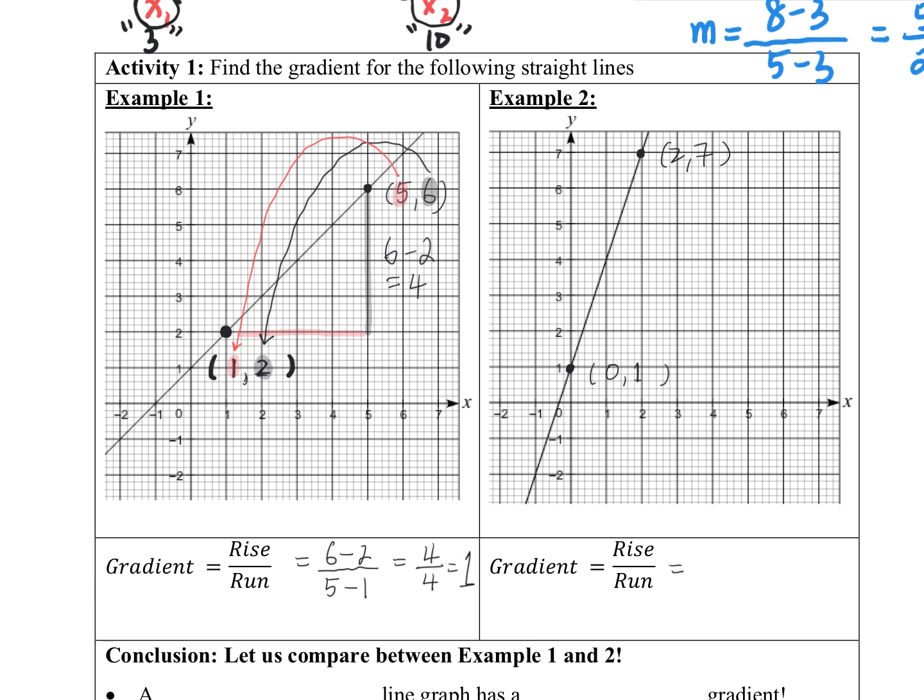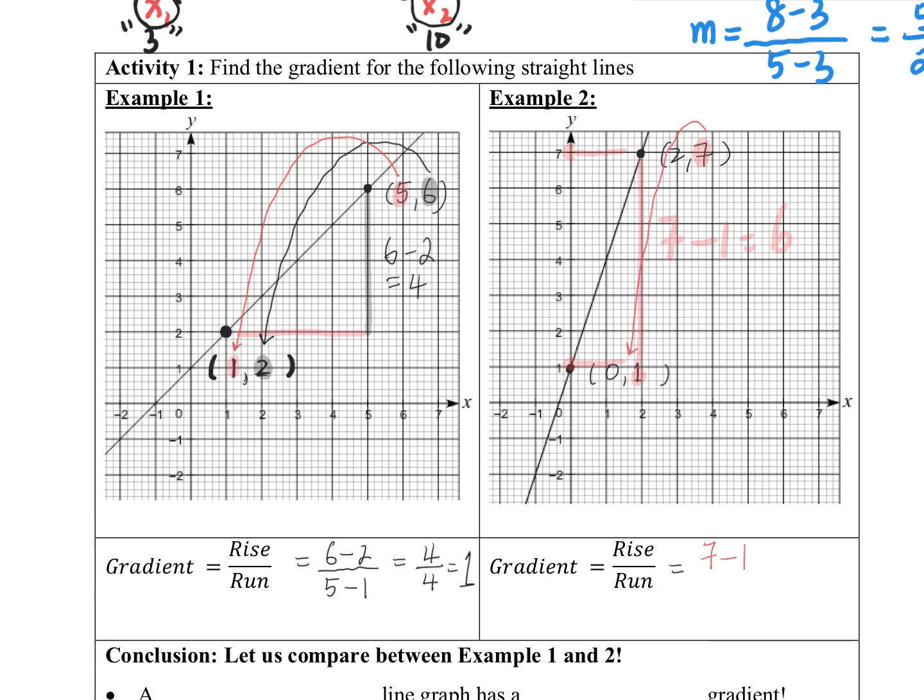What is the rise of this triangle? 2? No. 7 minus... You anyhow, right? Bro. So, remember this one? This is at 7. This is at 1. So, it has risen up by 6. So, 7 minus 1. So, always follow this order.